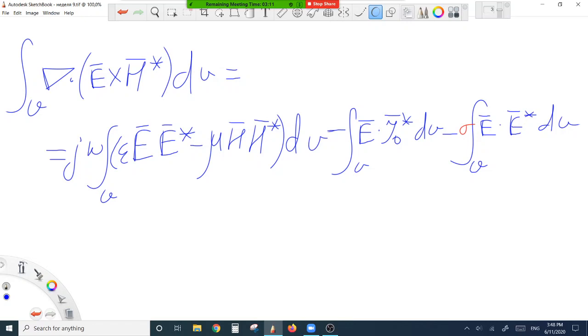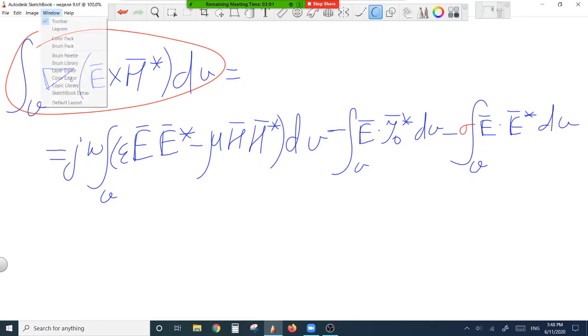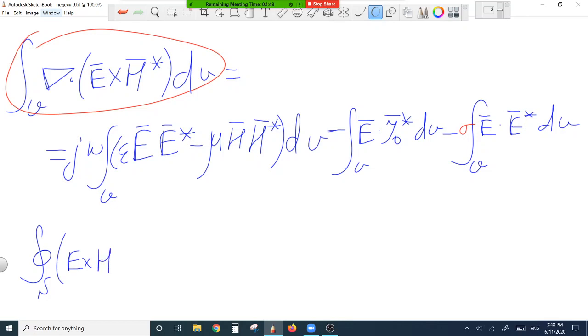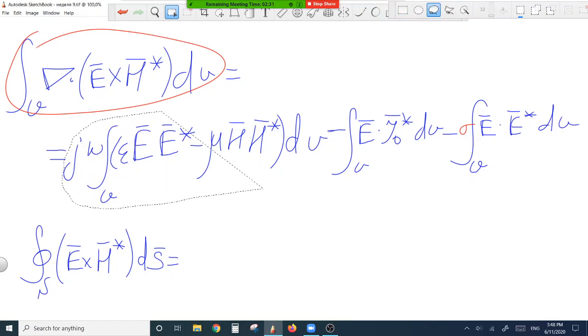And using the divergence theorem for the left hand side, we may write that the integral over the closed surface S of E cross H complex conjugate dS is equal to this expression. Okay, let me copy instead of writing all this.